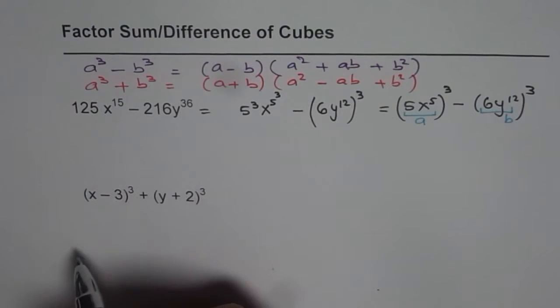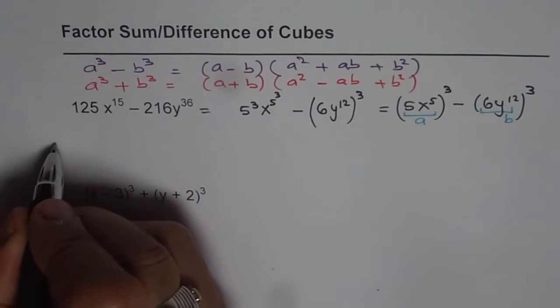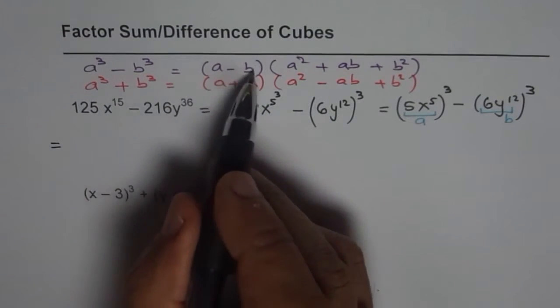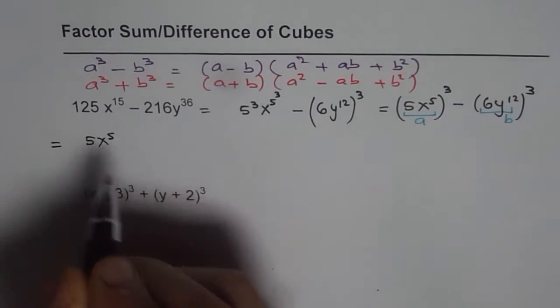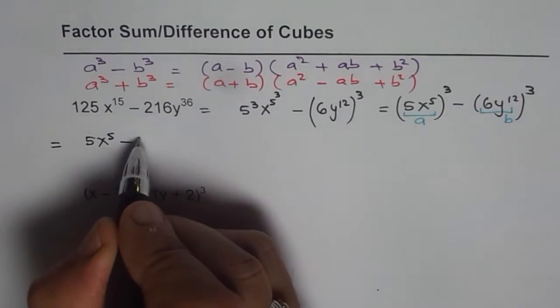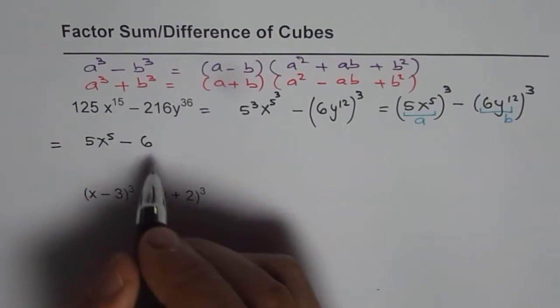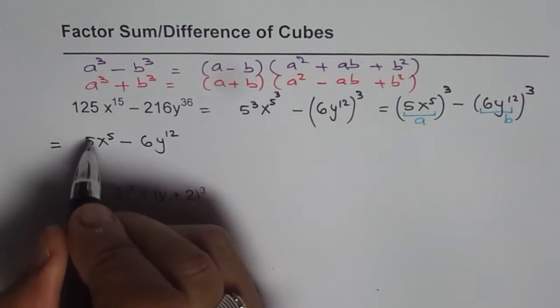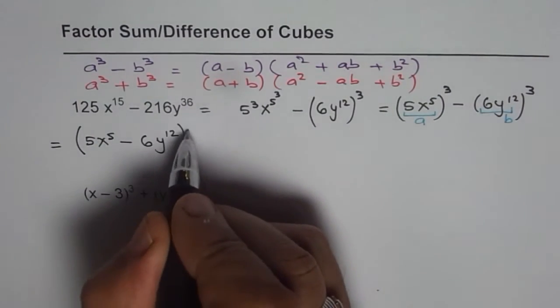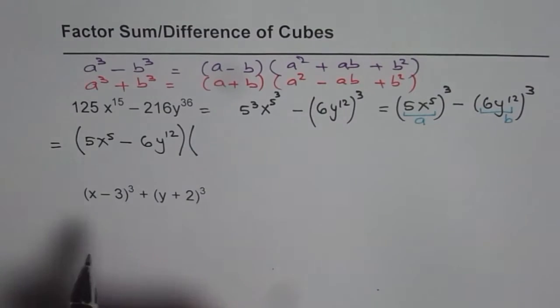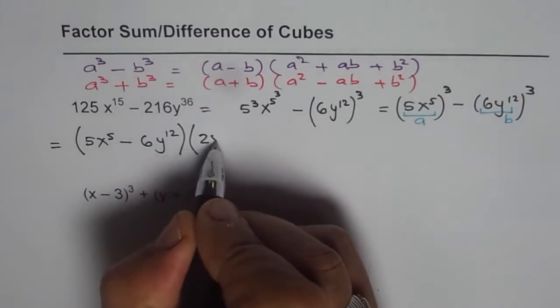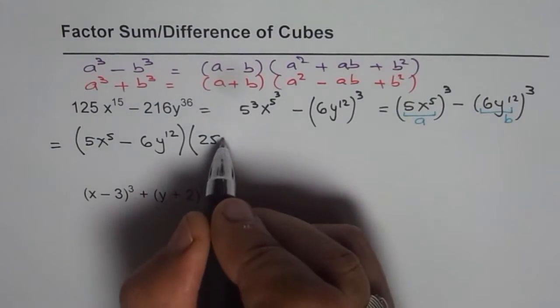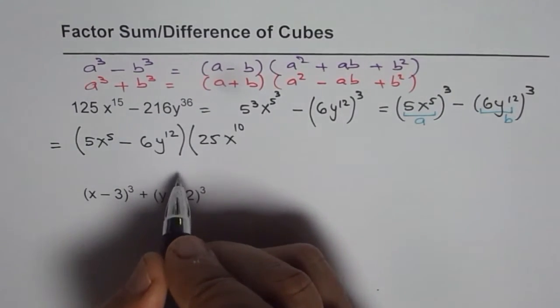So let's use the formula and factor. We can write this now as a minus b, that is 5x to the power of 5, that is a, minus b, 6y to the power of 2. That becomes the first factor, and the second factor is the square of a, which is 5 squared, 25, x to the power of 5 squared gives us x to the power of 10.